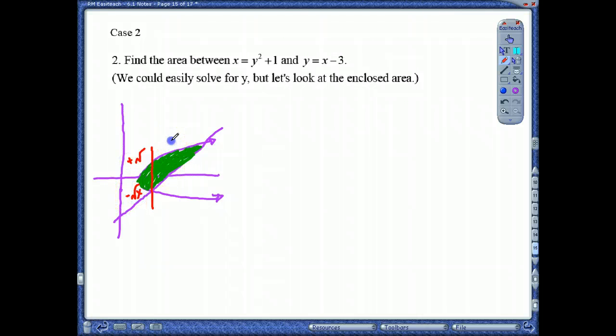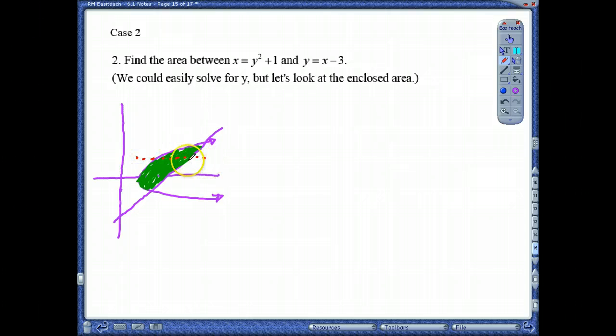On this side I have the positive square root, and then I have that line. So I would have to do 2 separate areas if I were to solve this and put this in terms of x. Plus I'd have to solve this equation for y. Ugh. So let's look at it the other way. So if I'm looking at this in terms of y, that means I'm looking at it this direction.